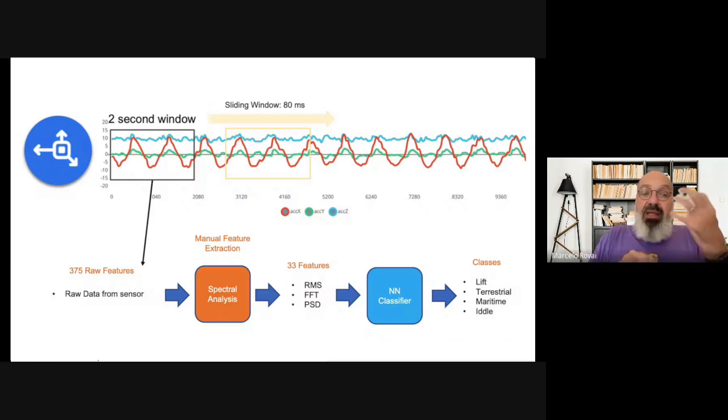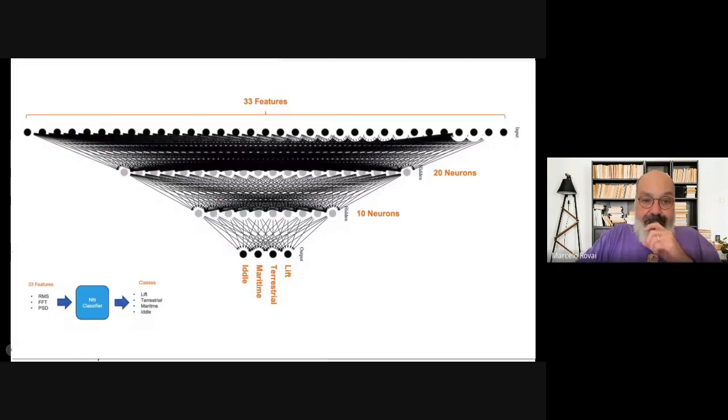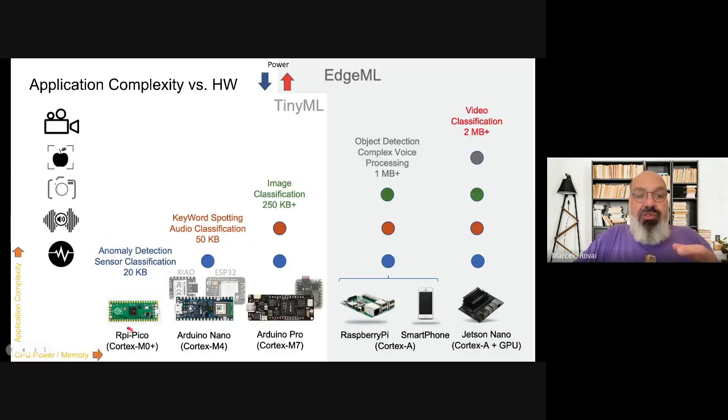So the very complex and noisy time series data is usually converted to tabular data. This tabular data is 30, 40, 100 features that are very easy to use in a neural network model. So for this kind of sensor classification, you can use very simple microprocessors.